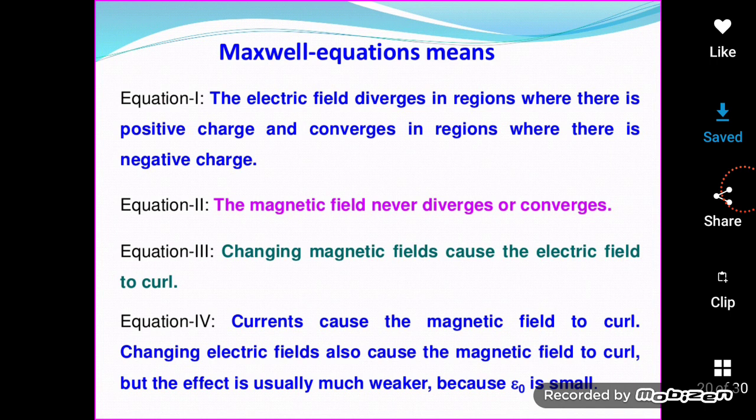Equation 3 says a changing magnetic field causes the electric field to curl, while equation 4 says current causes the magnetic field to curl. A changing electric field also causes the magnetic field to curl, but the effect is usually much weaker because epsilon naught is very small.